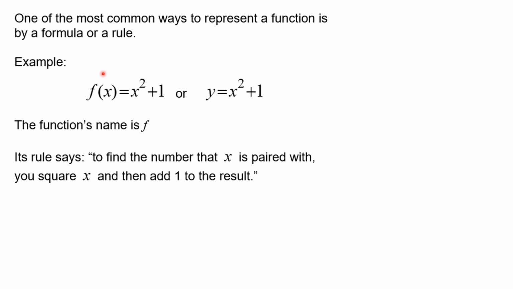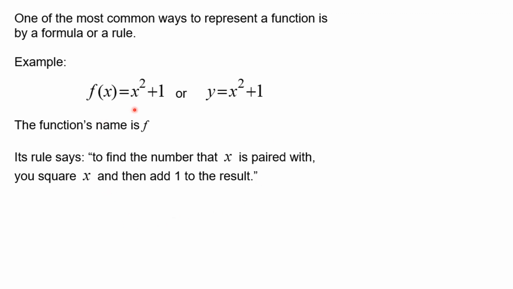The function's name is f. f acts on the x, you do this to it, and it gives you back the y. Another way to think about it is that whenever you square it and add 1 to an x, that is what y is. So f of x is y. Y is f of x. It's two ways of writing the same idea.